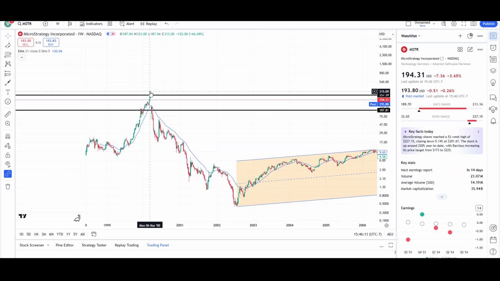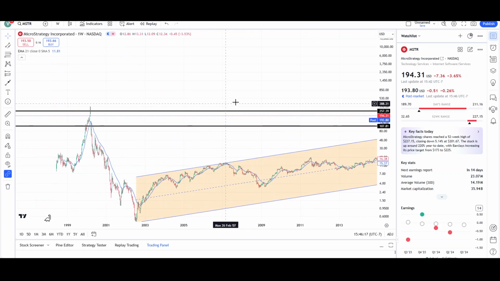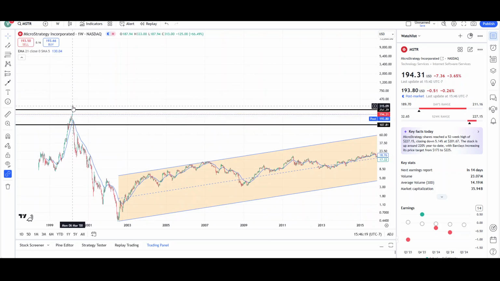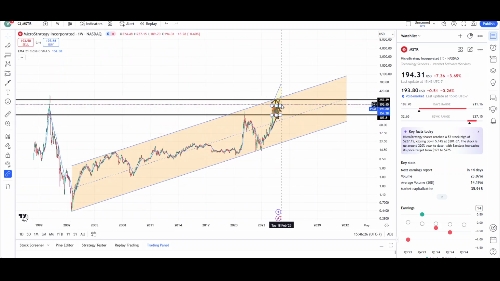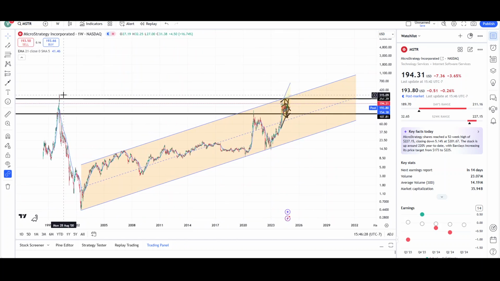So 300 to 324 was the prior all-time high for MicroStrategy. Maybe even higher, I'm just estimating right here. But it looks like in the low 300s was the prior all-time high back in 2000. And we have not taken that out yet, even with the stock splits. So that is most likely a very strong possibility. It will be taken out this bull cycle.